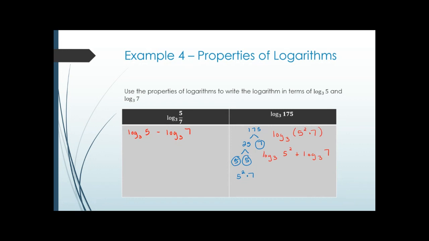So I am going to take this exponent of 2, and our property says that we can do 2 times our logarithm, so that can go in front as multiplication. So this would be 2 times log base 3 of 5 plus log base 3 of 7. And now I'm done because now I have it simplified so that the only log stuff I have is log base 3 of 5 and log base 3 of 7, and then I don't have any exponents. So that's how I know that I am done here and that I have rewritten it as we've been asked to.